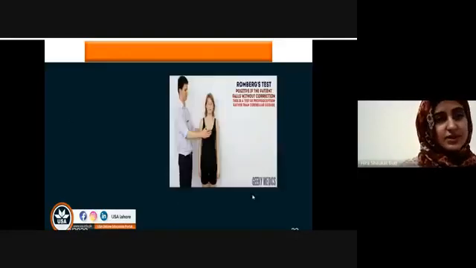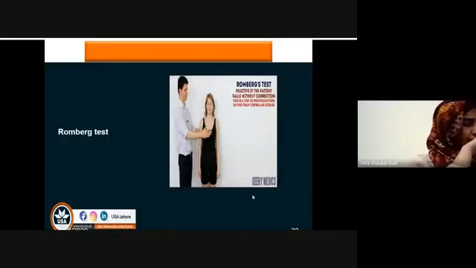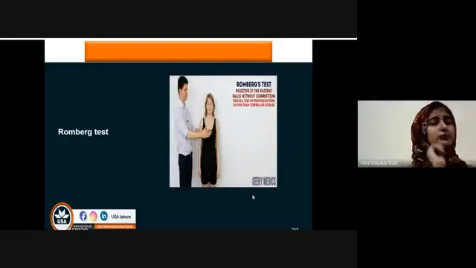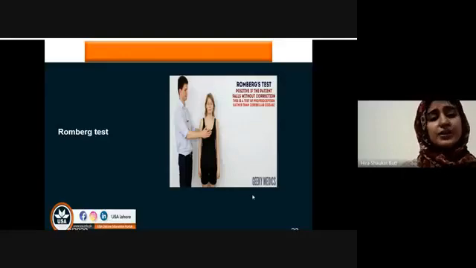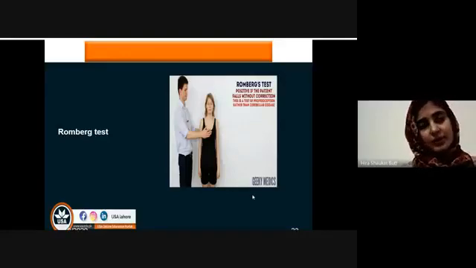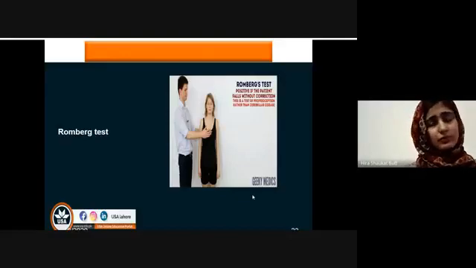Then there comes the Romberg sign. This is a type of test which is used very commonly in the European countries to assess the alcoholic state of the driver, if they suspect that the person is driving after alcohol intake.